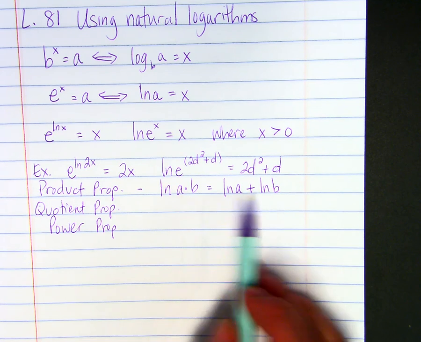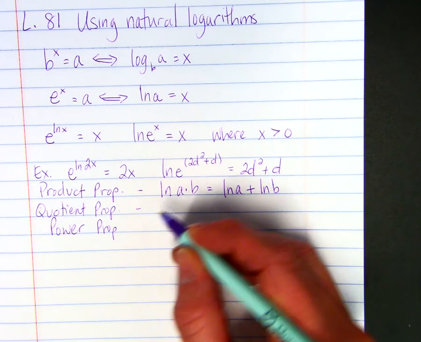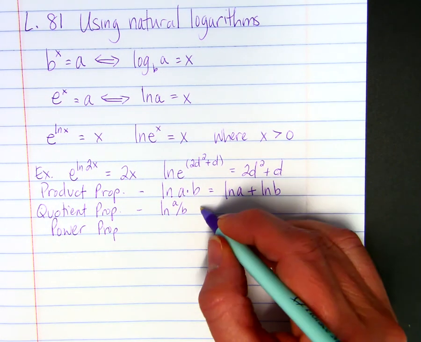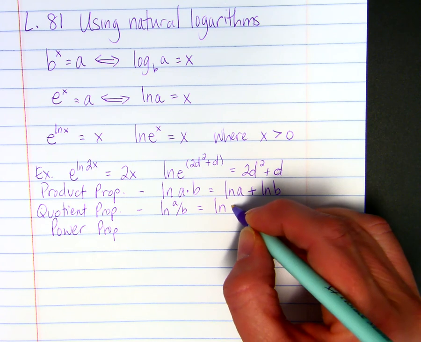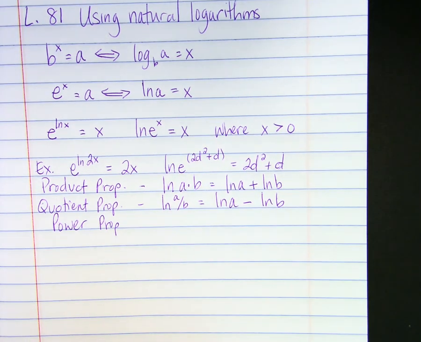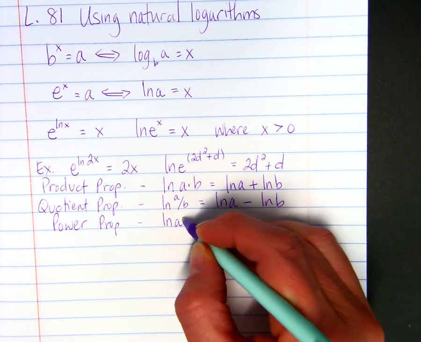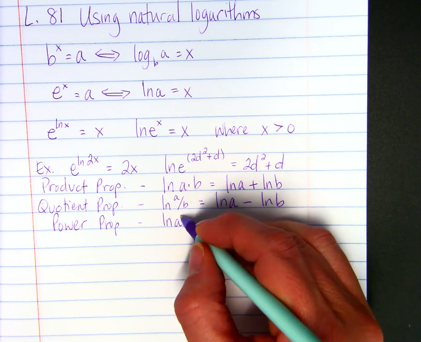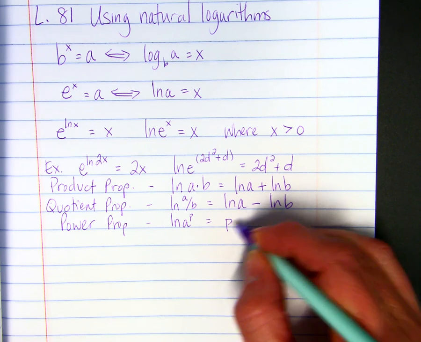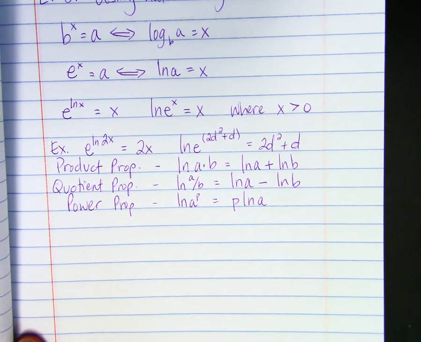So when you have a product, it's just the natural log of a plus the natural log of b. The quotient property says that if you have the natural log of a quotient, it's just equal to the natural log of the numerator minus the natural log of the denominator. And then the power property is the natural log of a to the p power. You can just put that power in front and you get p natural log of a.